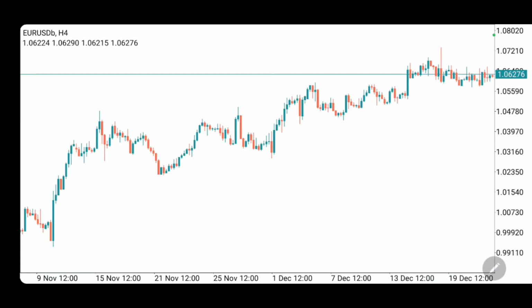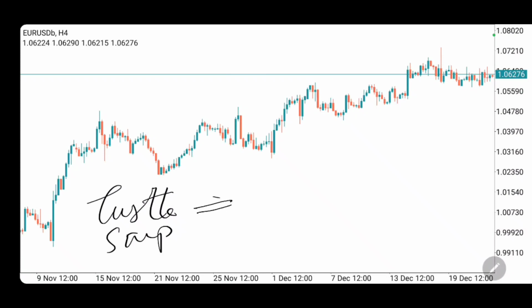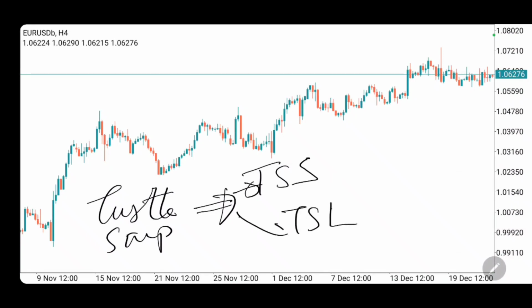So what are the two types of turtle soup? The two types of turtle soup are turtle soup short and turtle soup long. The turtle soup short is actually a sell scenario whereby there's a false breakout above a supply zone.